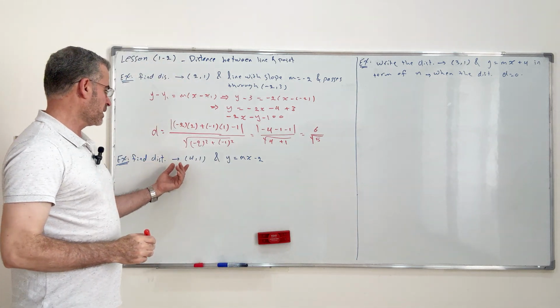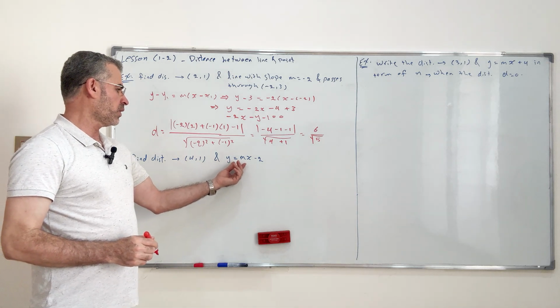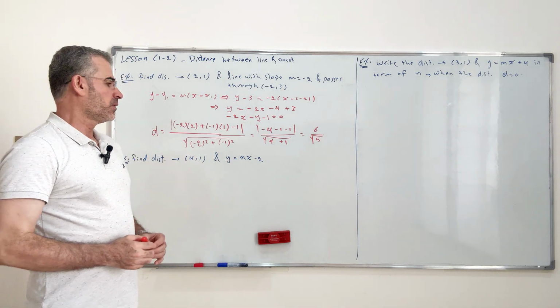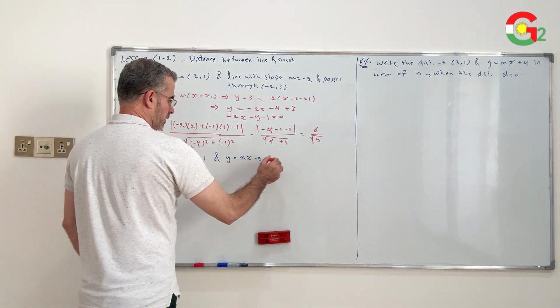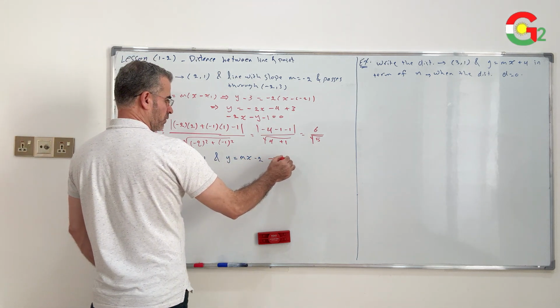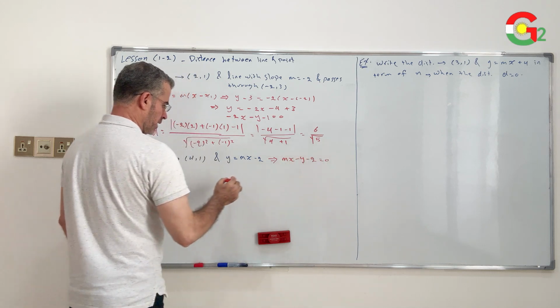Example, find the distance between the point 4, 1 and the line y equal mx minus 2. Rewrite this equation in general form. It will be mx minus y minus 2 equals 0.